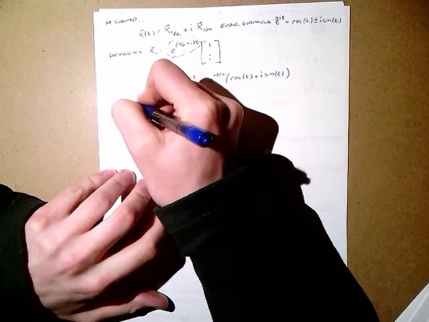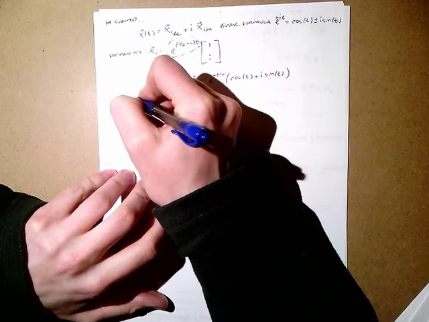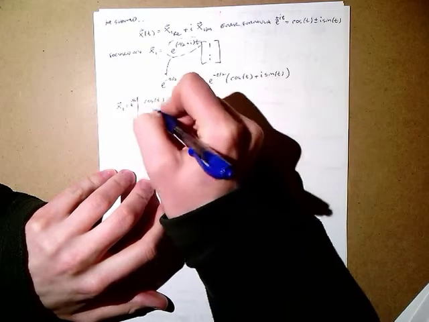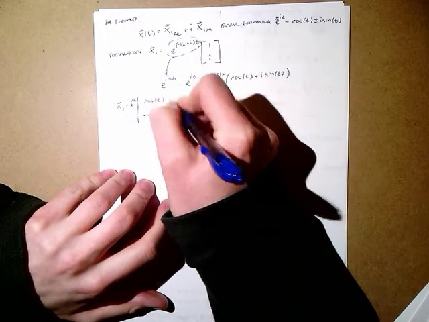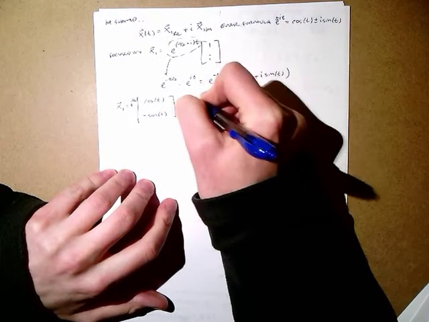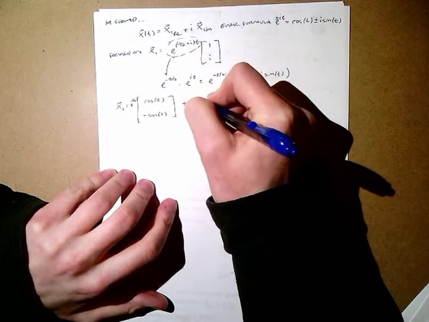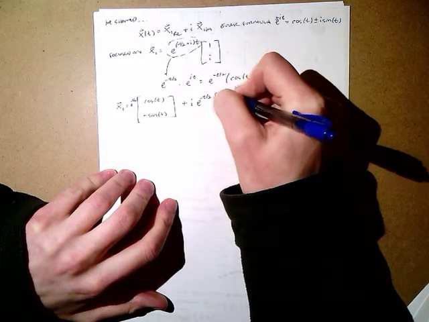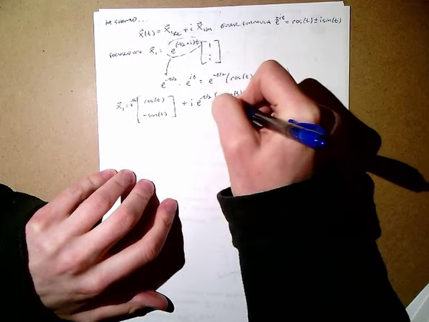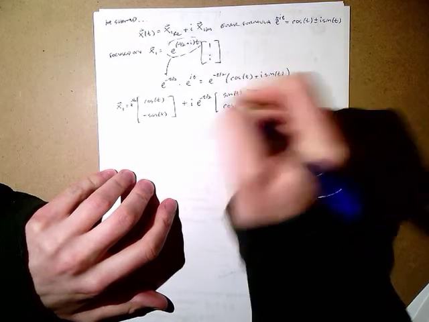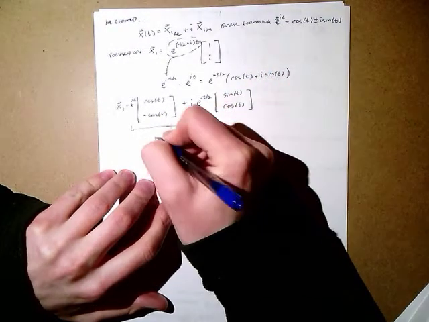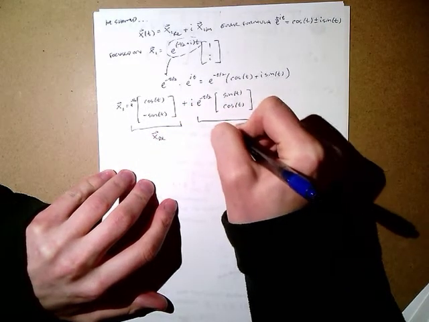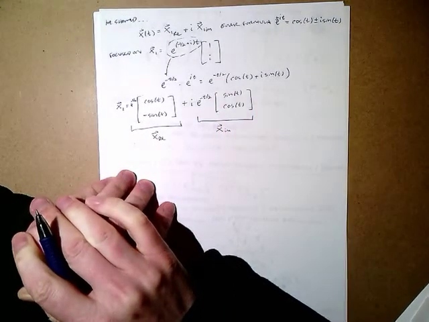I will factor out the e to the negative t over 2. We get this vector, cosine of t minus sine of t. And then for the imaginary bits, we get a vector, and again I'll factor out the e to the negative t over 2, sine of t times cosine t. So this is the real component of x1, and this is the imaginary component of x1.